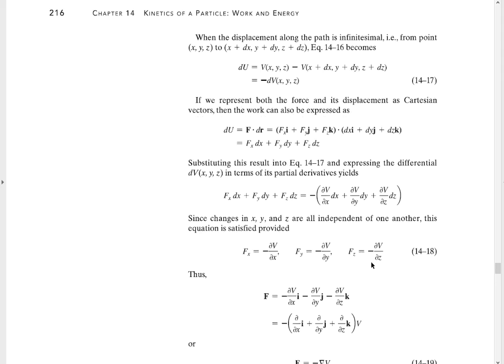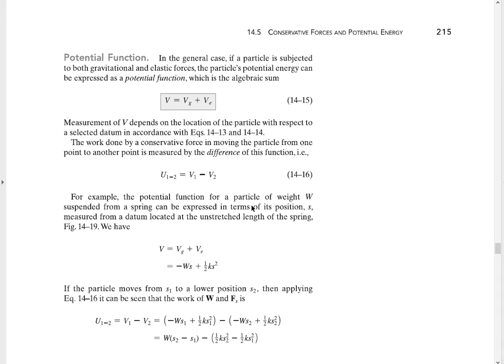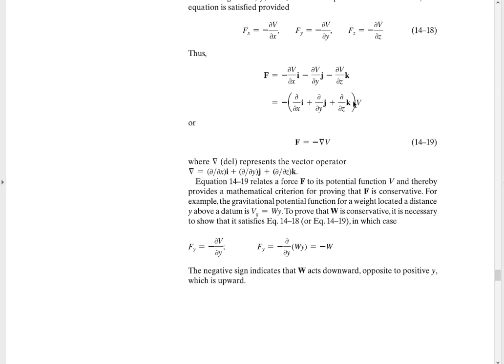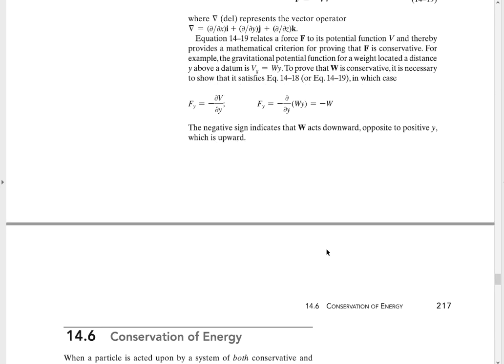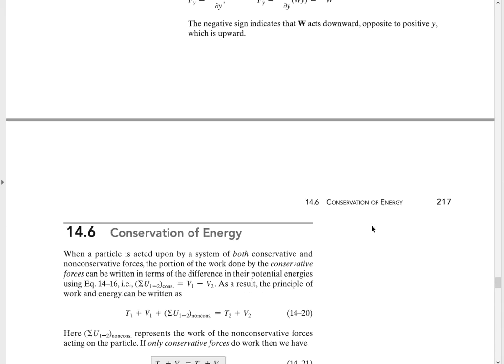But in any case, you start with the potential function, and the conservative force to that potential function is going to be the negative gradient of that scalar. Okay. So you have a scalar field, and the force vector is the gradient of that scalar field.